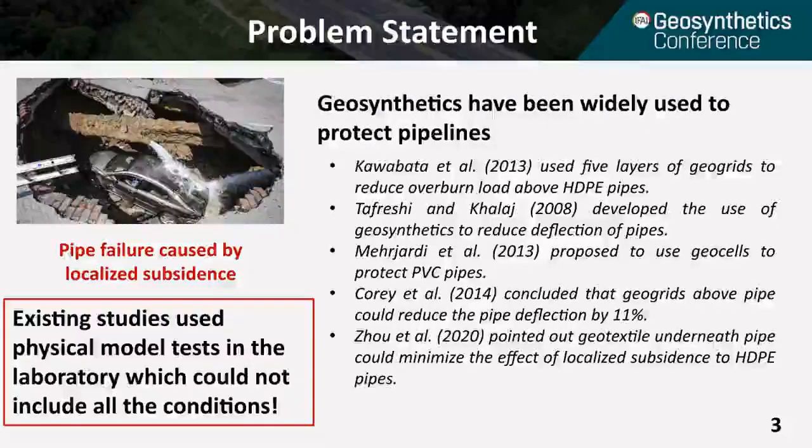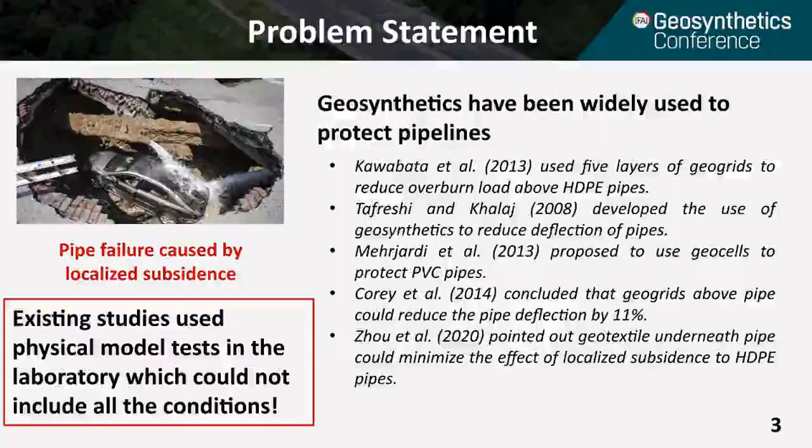So geosynthetics have been widely used to protect pipelines and prevent the pipeline from failure due to localized subsidence. Previous researchers have done a lot of research on this topic.